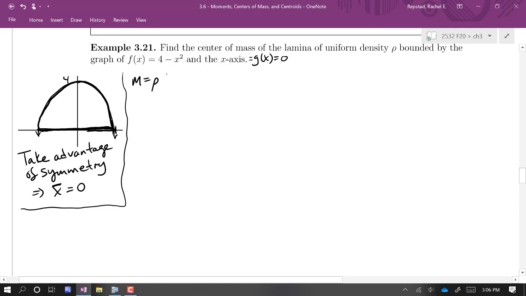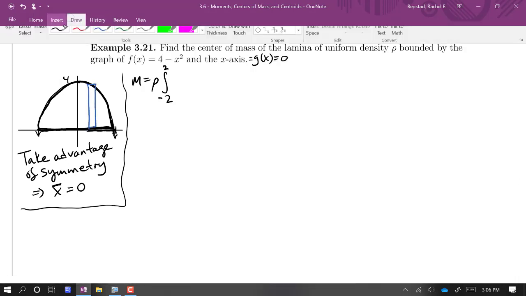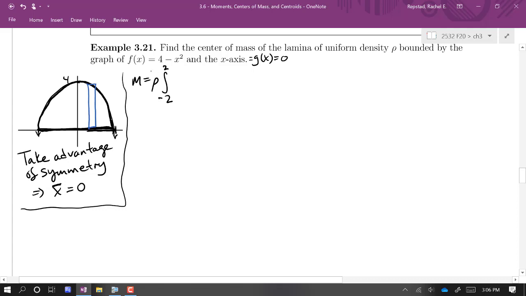So let's see, the mass is rho times the integral. The x bounds of this region are from -2 to 2. And the length of a little sample rectangle here, f minus g, is 4 minus x squared minus 0, so just 4 minus x squared with respect to x. Let's integrate. It's just a power rule, a nice polynomial. So 4x minus 1/3 x cubed from -2 to 2.